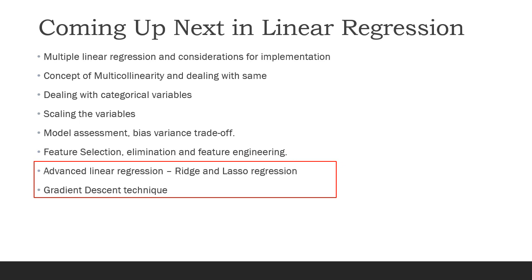So now, moving further in linear regression, we covered simple linear regression, the conceptual part, in the first presentation. This one covered multiple linear regression conceptually. Now two important concepts within linear regression will be covered in the next video. One is ridge and lasso regression, and the other is the gradient descent technique.